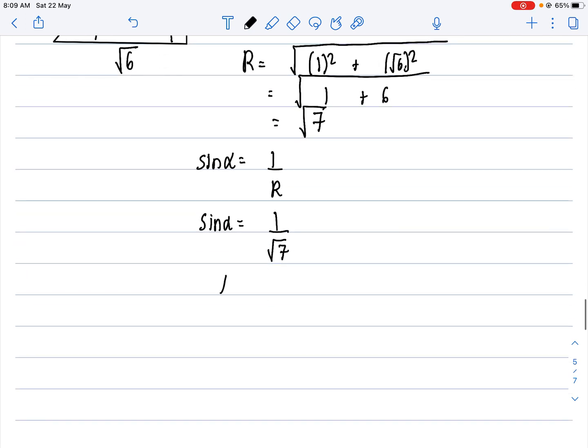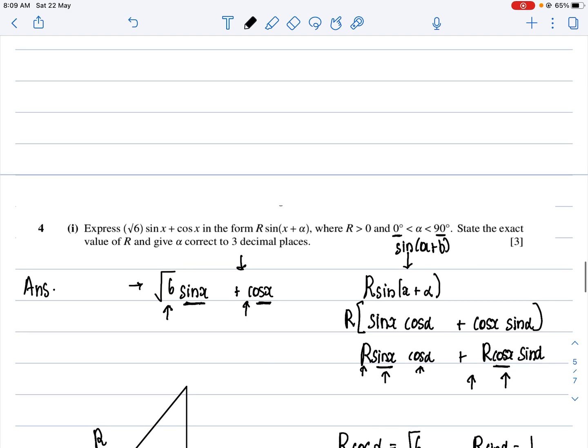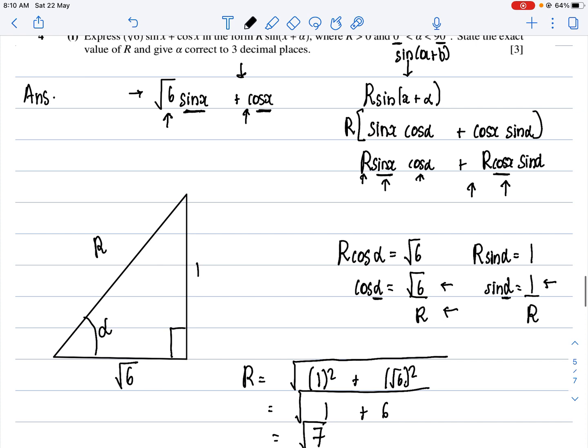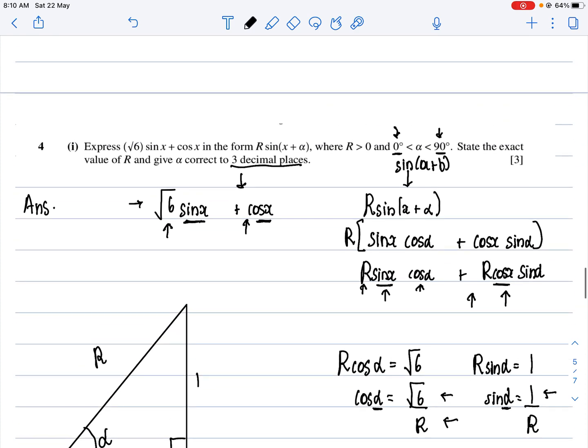Make sure you are in degree mode because they have given the domain in degrees, and do sine inverse of 1 over root 7. When you do that on the calculator in degree mode, you get your answer as 22.208, to 3 decimal places as they wanted.